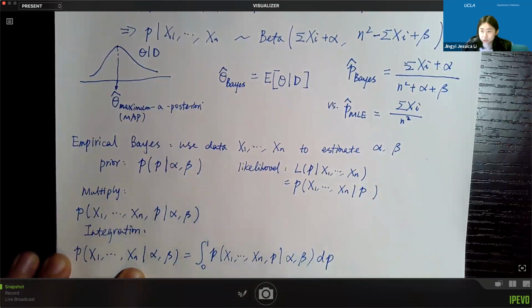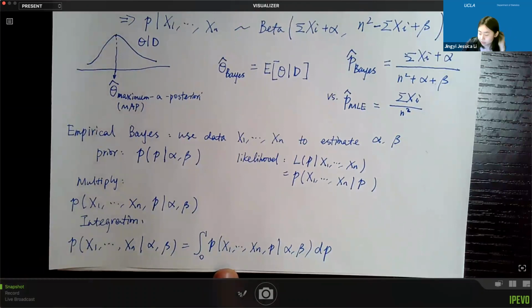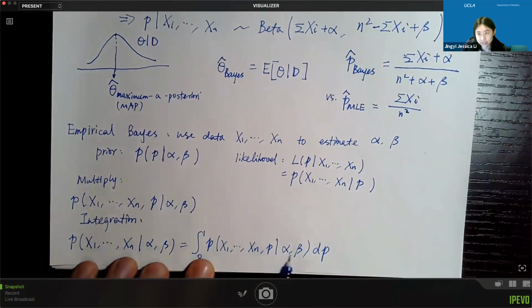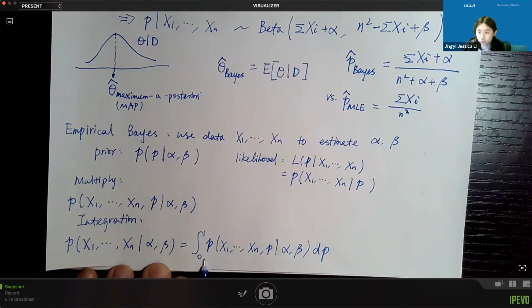I'm doing this integration. And this is a common technique used in probability. That is, we start from a joint density, but if we're only interested in the marginal density of one set of variables, but not the others, we would just do integration to integrate out the other variables over its range. Here, the range is from 0 to 1.